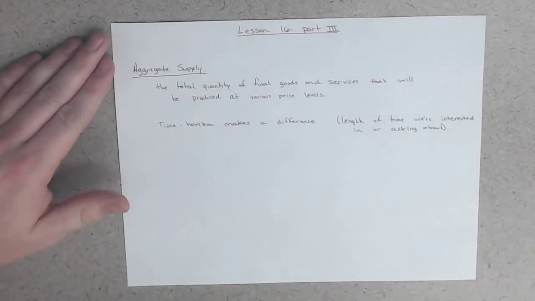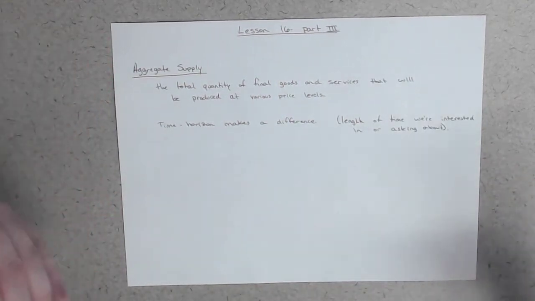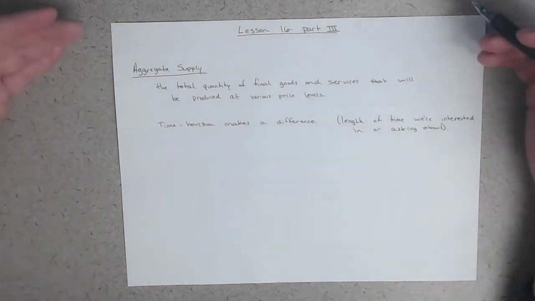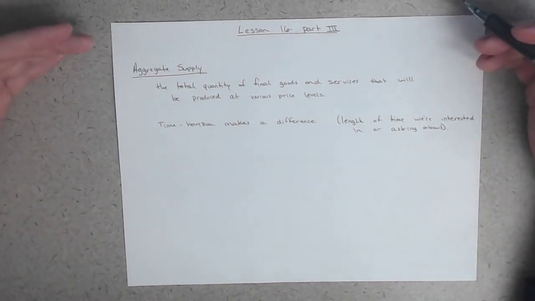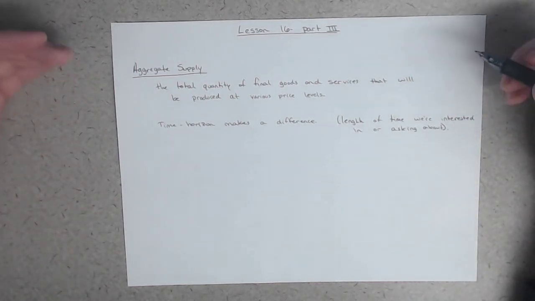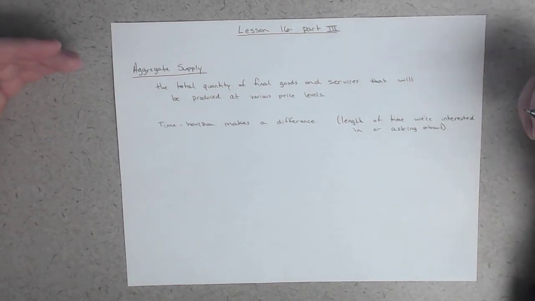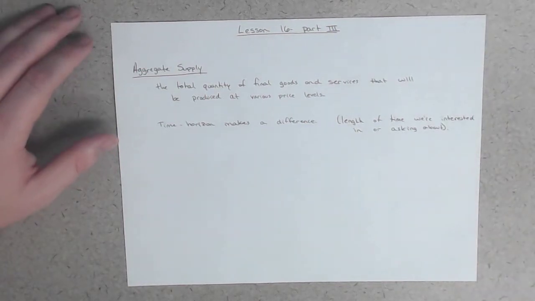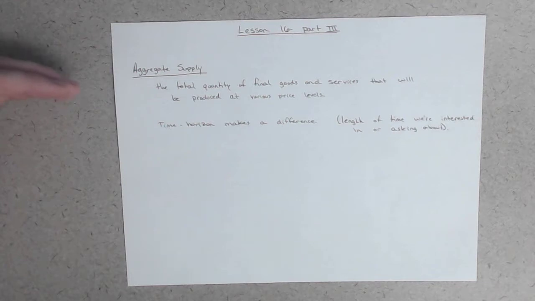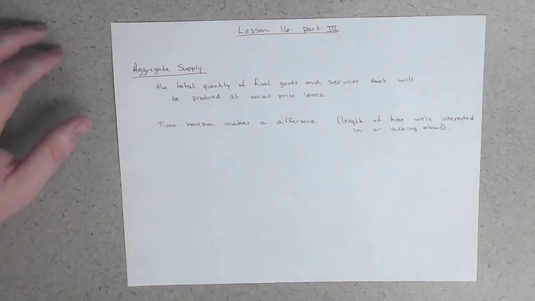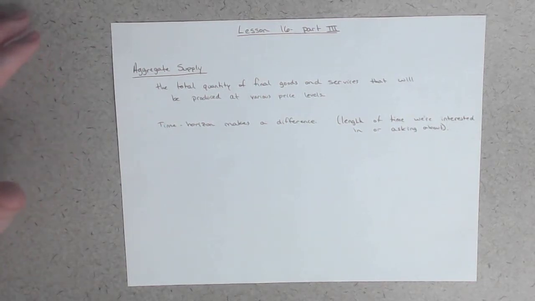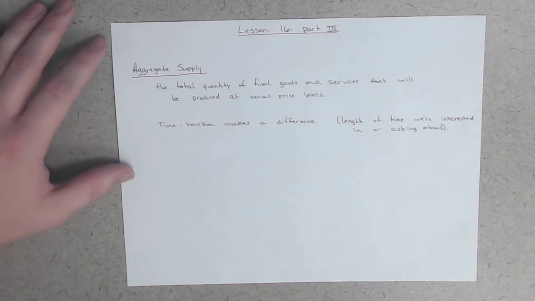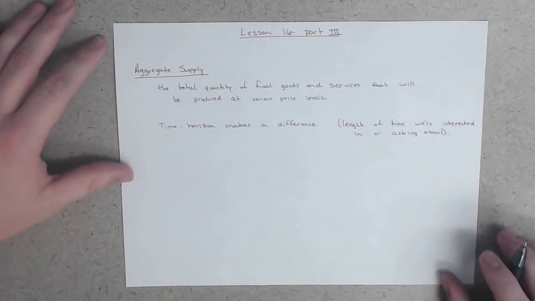If we're talking about a very long time horizon, then we are in what's known as the long run. But if we're talking about the immediate effects, then we're in what's known as the short run. We're going to start off by talking about the long run today, and we'll talk about the short run in the next lesson.